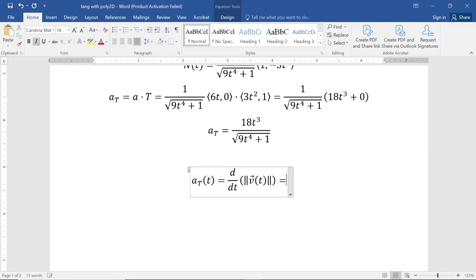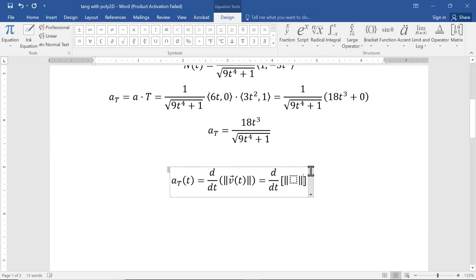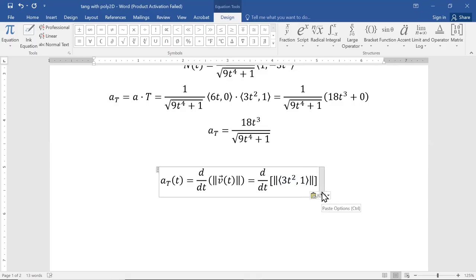If I want to find the derivative of the magnitude, well, the magnitude is going to be, well, let me make sure I put in the correct amount of steps. So we're going to take 3t squared comma 1, find the magnitude, and then take the derivative.